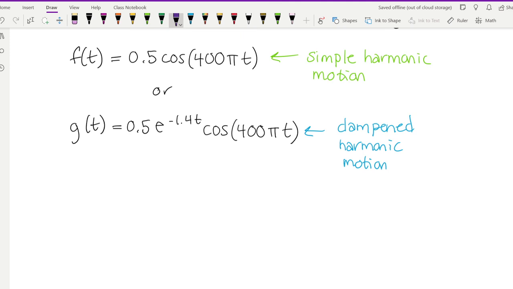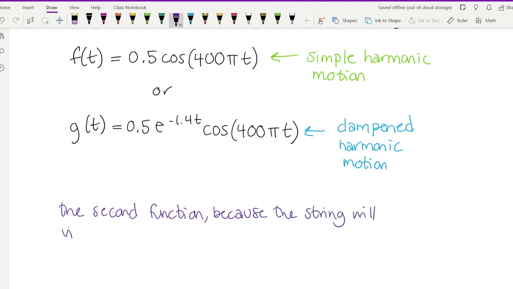Well, the second function, and that's going to be because the string will vibrate less as time goes on and eventually stop vibrating at all.